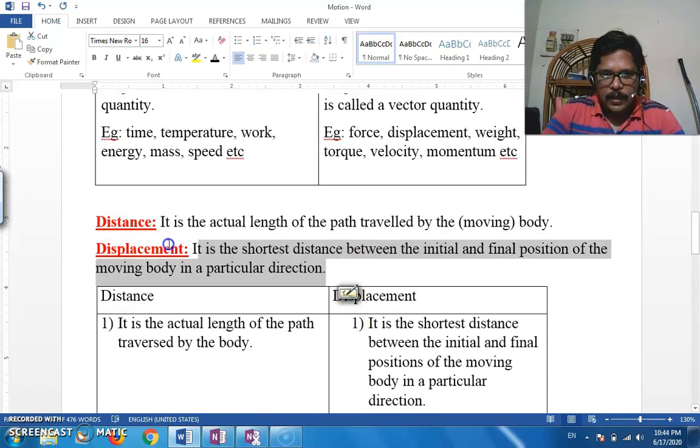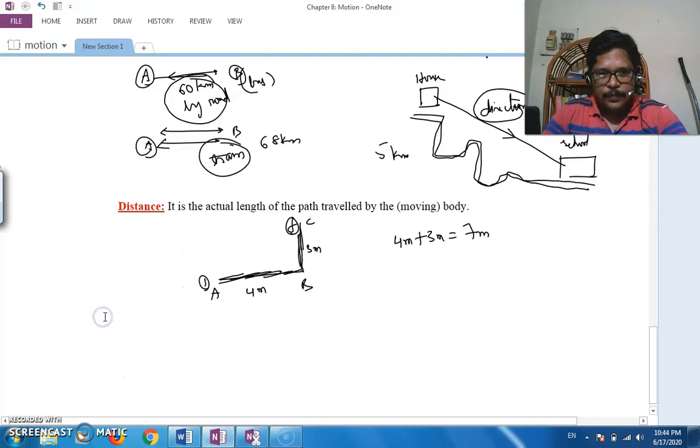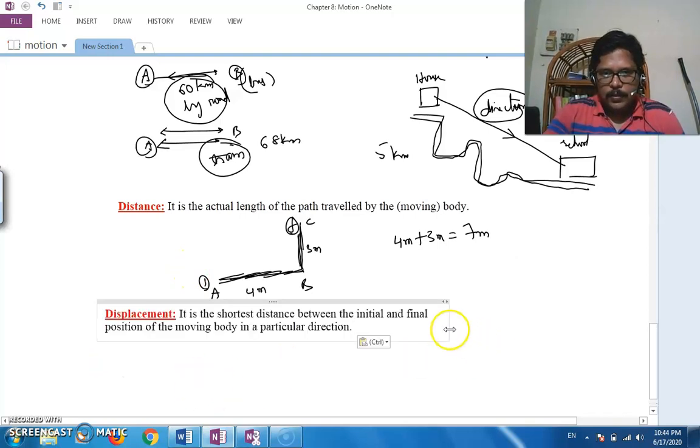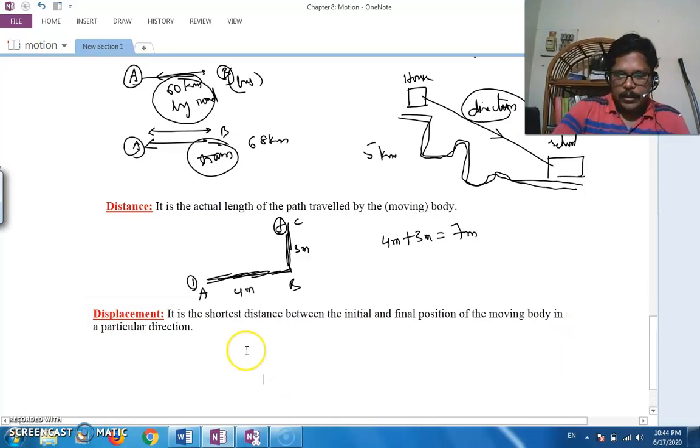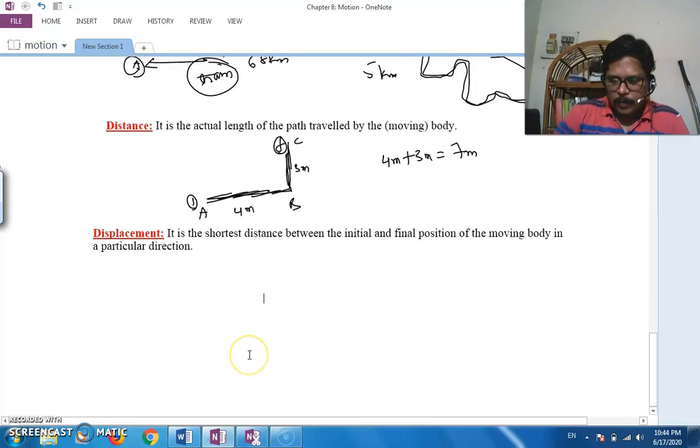On the other hand, I will give you the example of displacement. Displacement is the shortest distance between the initial and final positions in a particular direction.